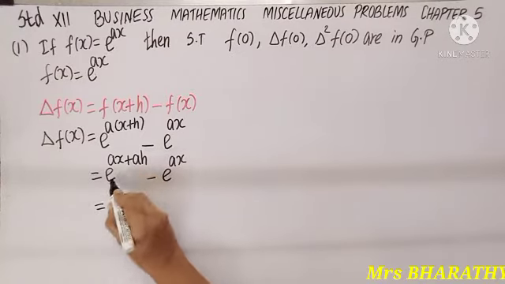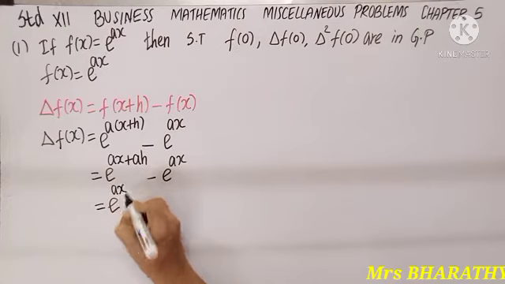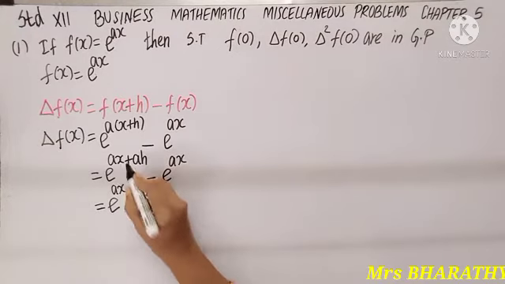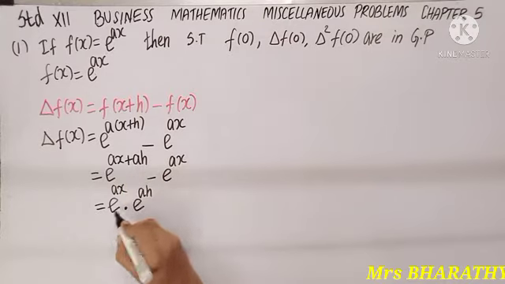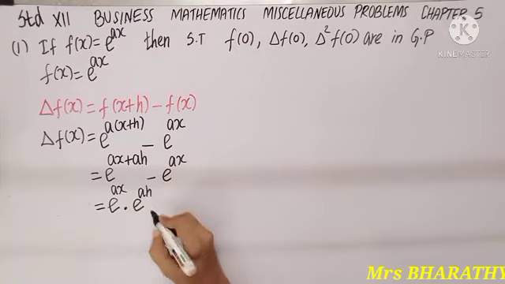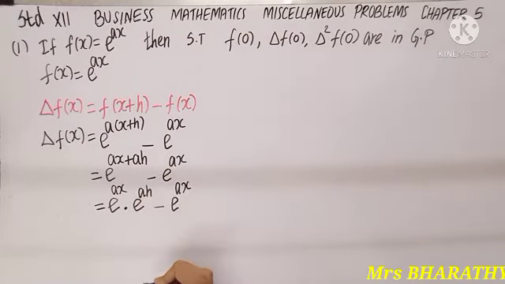Plus symbol in the power tells us multiplying. So e power first term into e power second term minus e power ax.